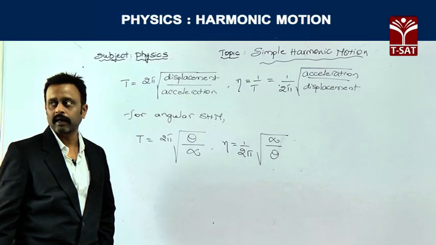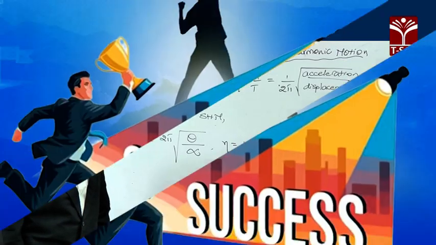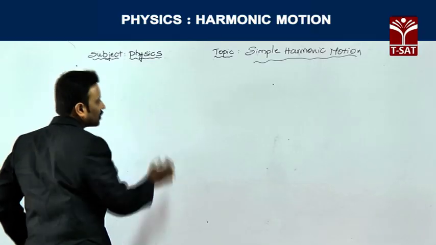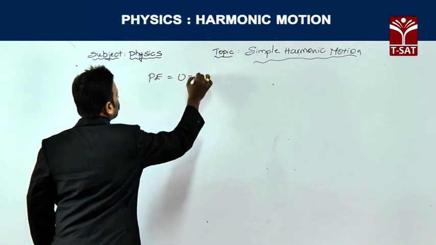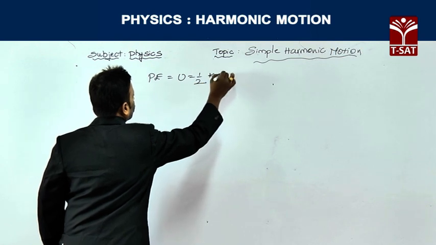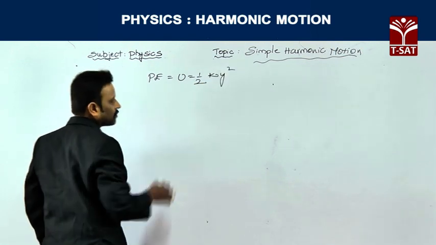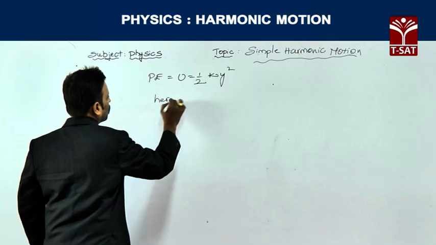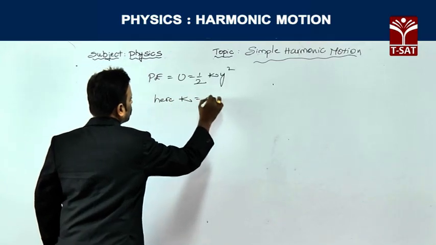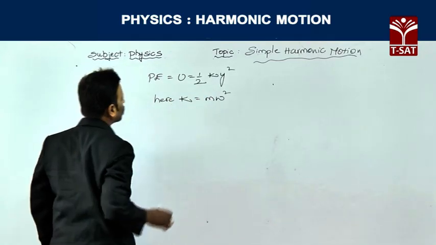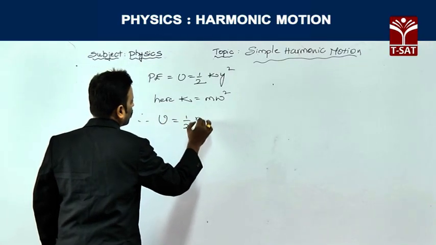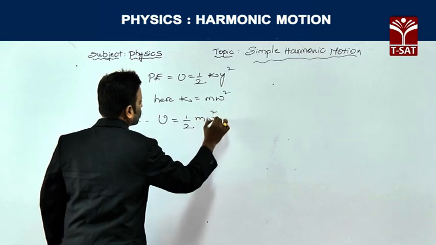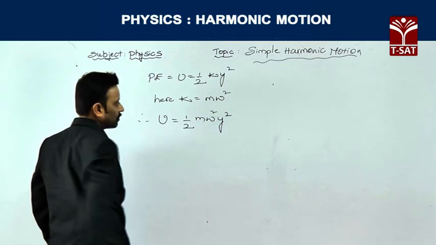Potential energy is U is equal to half k y square. Here k is m omega square. Therefore, potential energy is half m omega square y square.